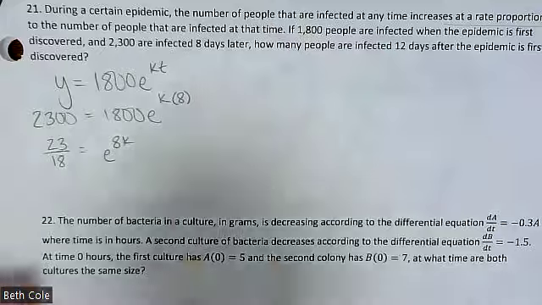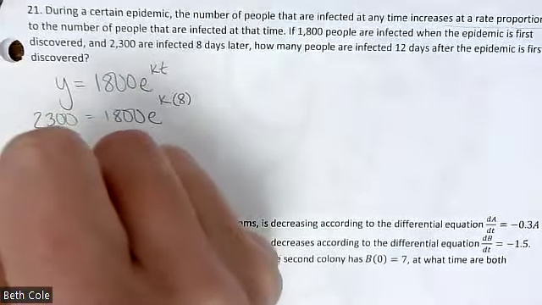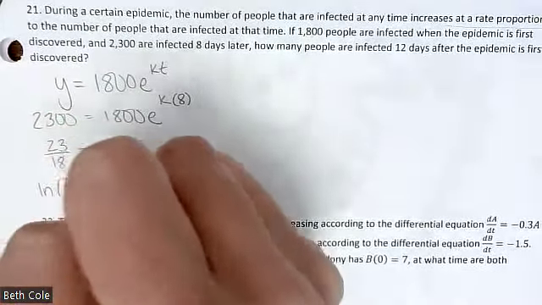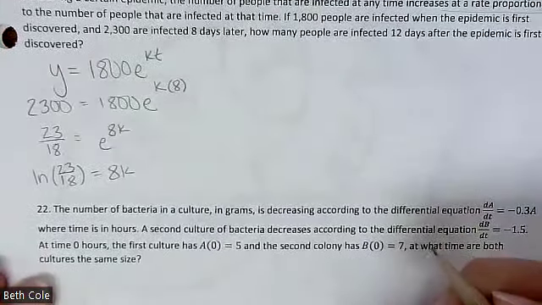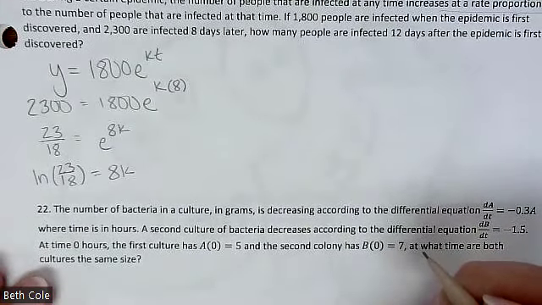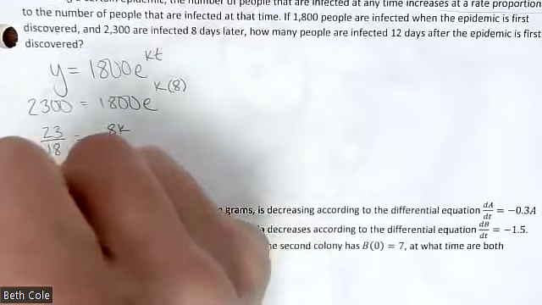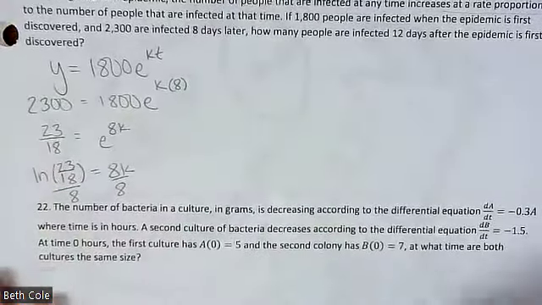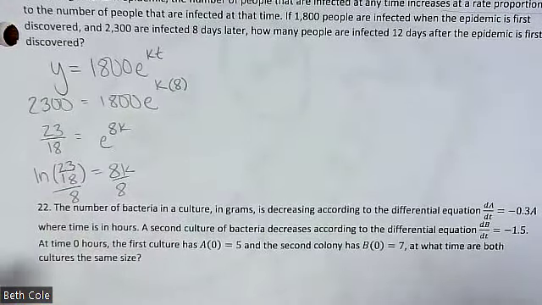Then we're going to ln. So it's ln 23/18 equals 8k. And then divide by 8. So here's what you're going to do. Put that in your calculator and do store alpha A, enter.